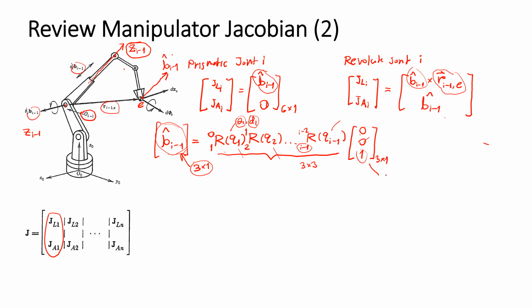Please note that this is the direction of z i-1. How about the relative position vector?